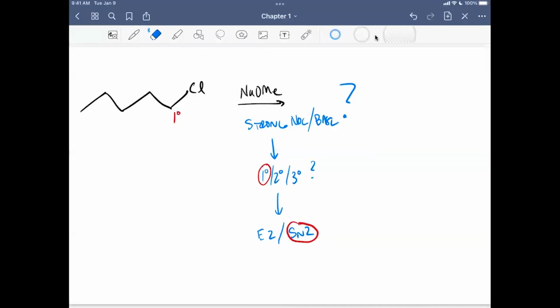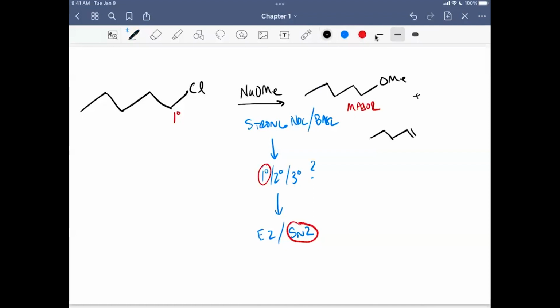So if it's primary, we are doing Sn2. We have a strong base and strong nucleophile, so we know it could be both. So our major product will be Sn2. So that OMe will replace that chlorine, and that's our major product. Our minor product, we're just looking for the more substituted carbon. There's only really one carbon you can put on there because of how this works.